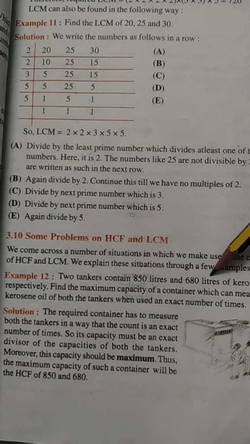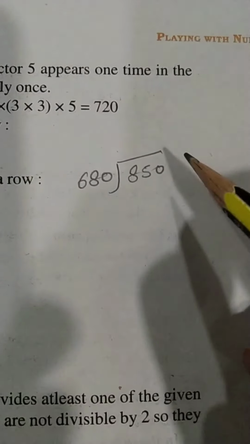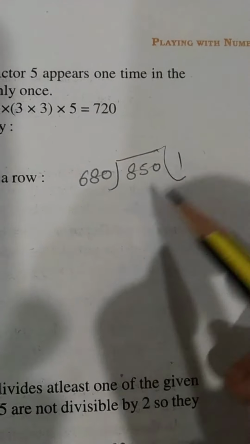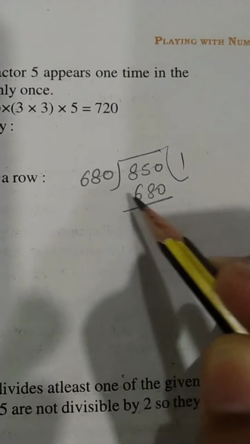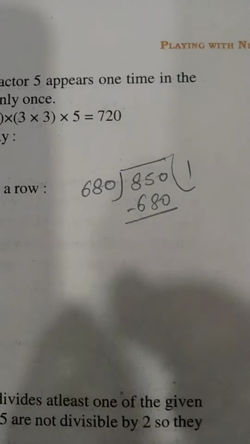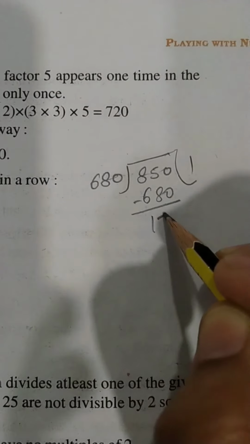Kids, to find the HCF for bigger numbers, instead of finding the common factors, we can divide them to get the HCF. Here 850 divided by 680 will be 1, 1 times 680 is 680, right? Then subtract it. It will be 170, right?